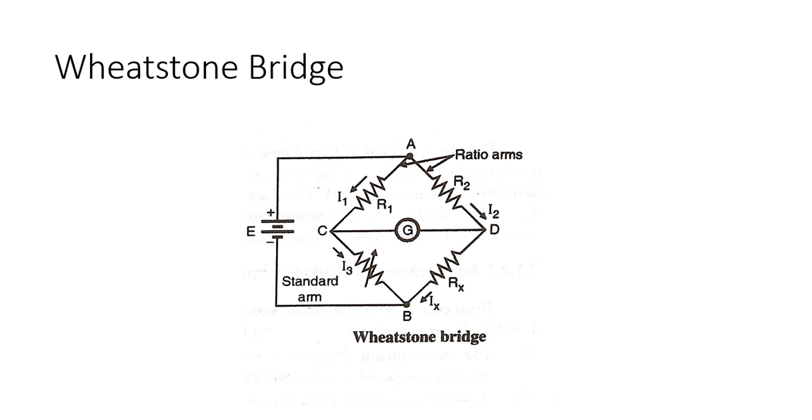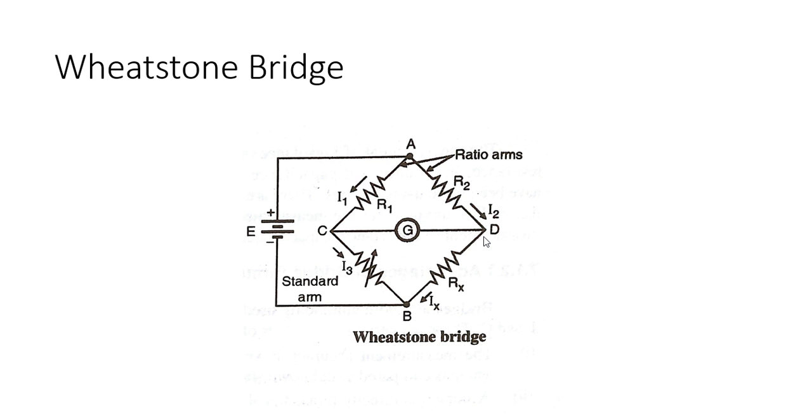Now how it works, that is very important, and if you understand the working of this first bridge, then it will be very easy to understand the working of the next upcoming bridges, because the procedure to calculate the unknown resistance is the same. Here the current through the galvanometer depends on the potential difference between point C and D. As discussed earlier, current flowing through this galvanometer depends upon the potential difference between C and D. Why?